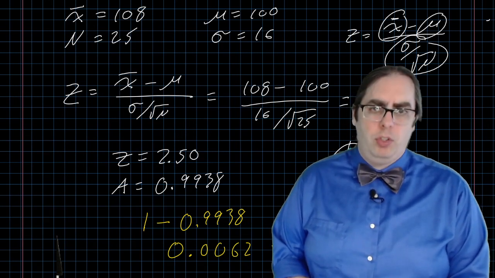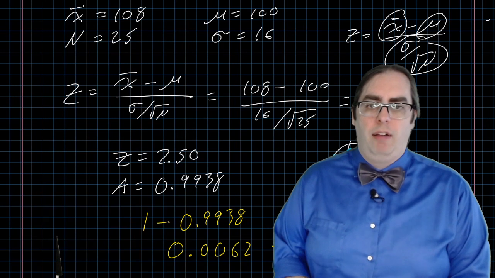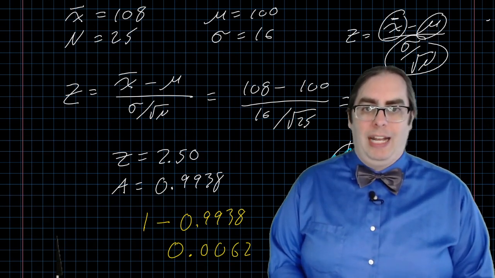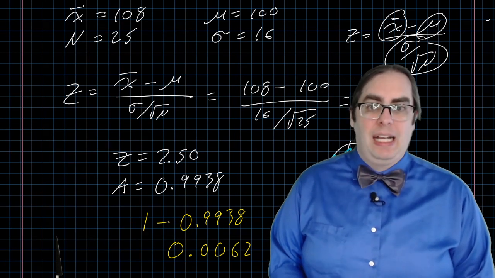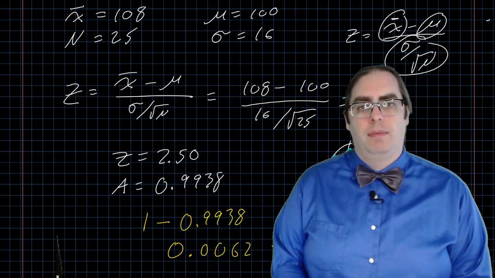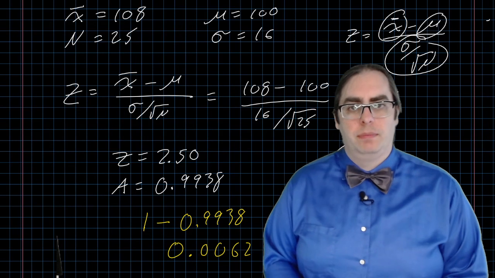Not that a person at random has an IQ of 108. There's about a 25 or 30% chance of a person at random having an IQ of 108. But having that many of them is a lot more shocking. And so that might mean something.